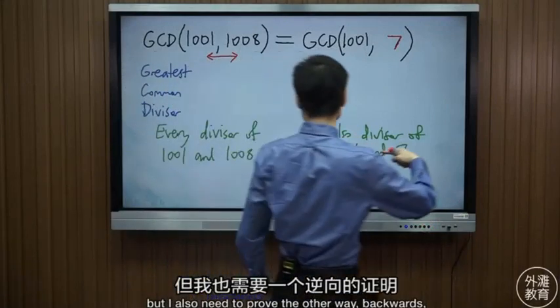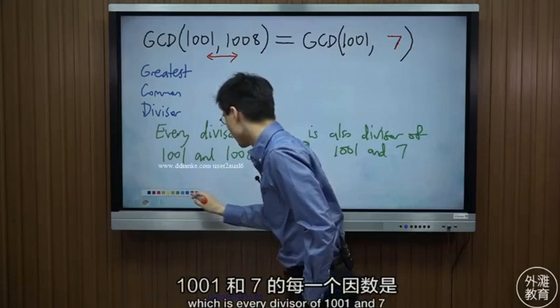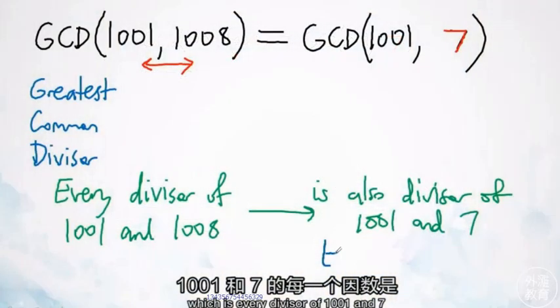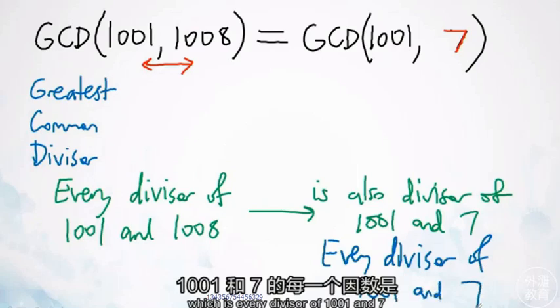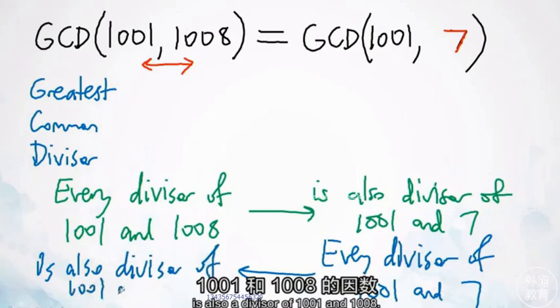But I also need to prove the other way, backwards, which is that every divisor of 1001 and 7 is also a divisor of 1001 and 1008.